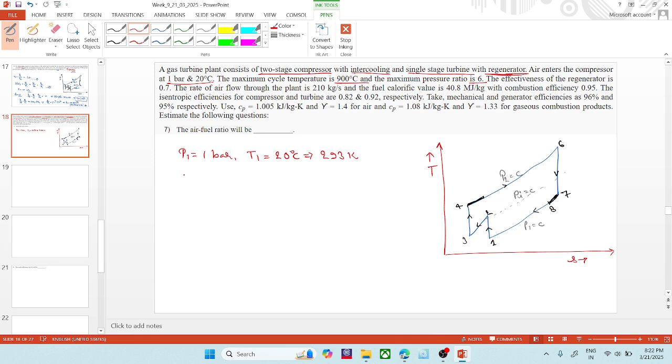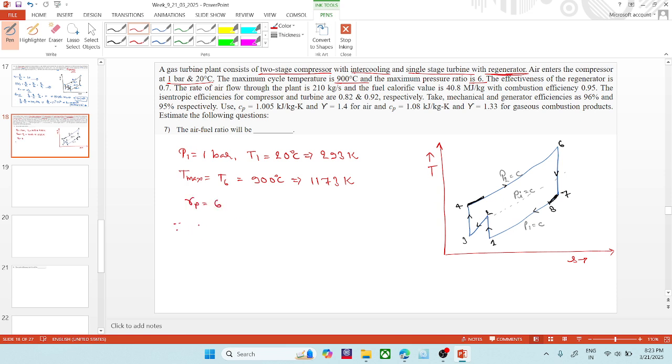So the maximum temperature T6 is equal to 900 degrees centigrade, which essentially would be 1173 Kelvin. Okay, pressure ratio RP is given as 6.